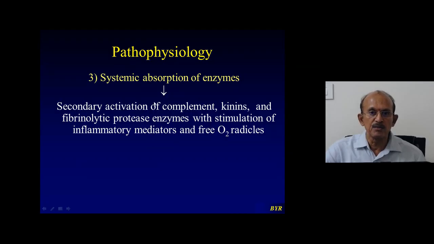So this is what happens if you inject the enzymes into the circulatory system. There will be secondary activation of complement, kinins, and fibrinolytic protease enzymes with stimulation of inflammatory mediators and free oxygen radicals. This leads to systemic inflammatory response syndrome.